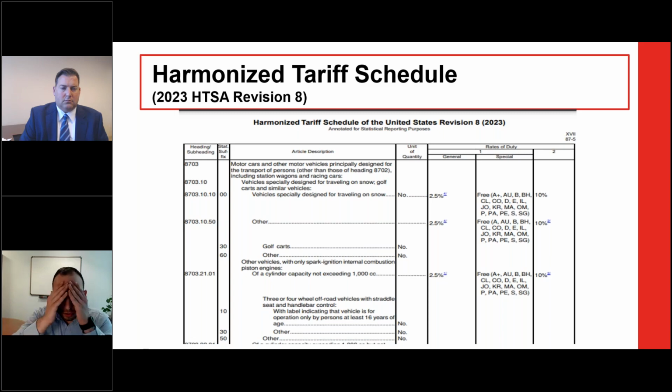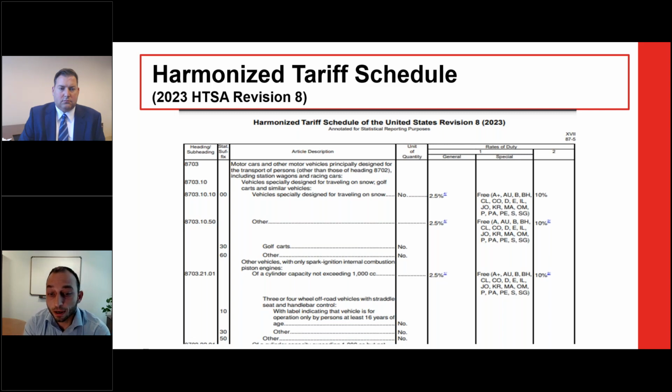In this slide, you see a screenshot from the Harmonized Tariff Schedule. The first two columns are the tariff codes we just discussed in the previous slide, and the third column is the article description.